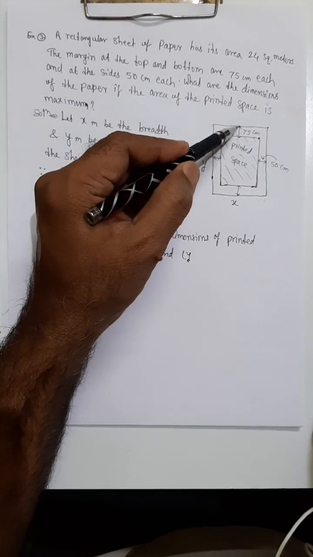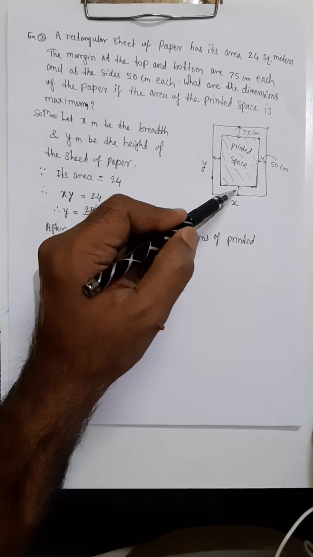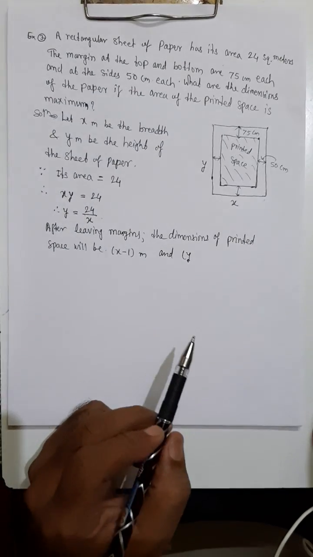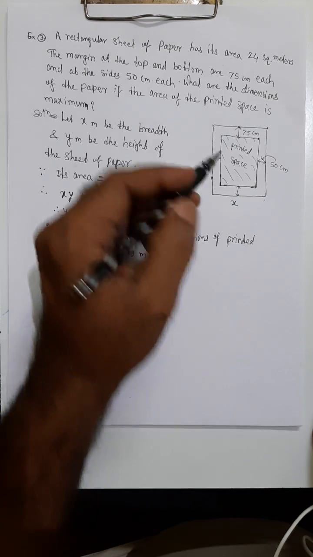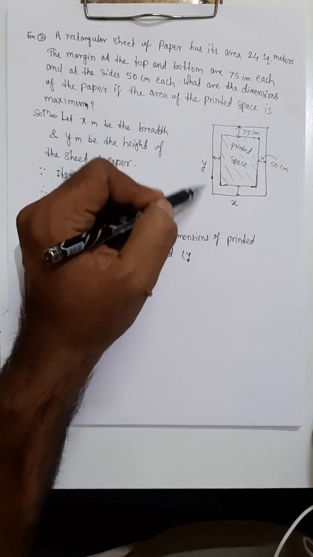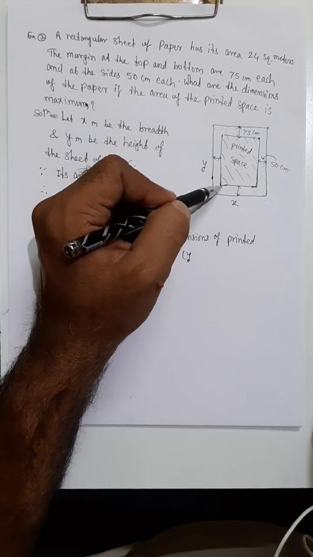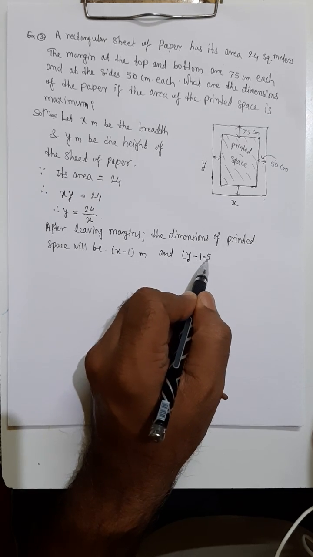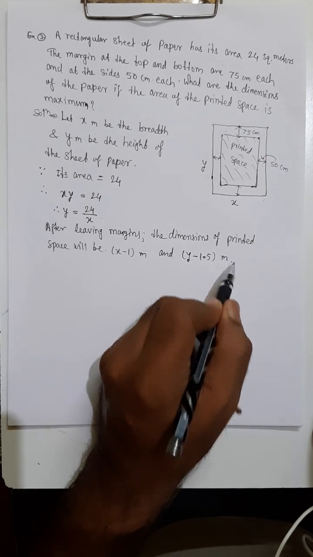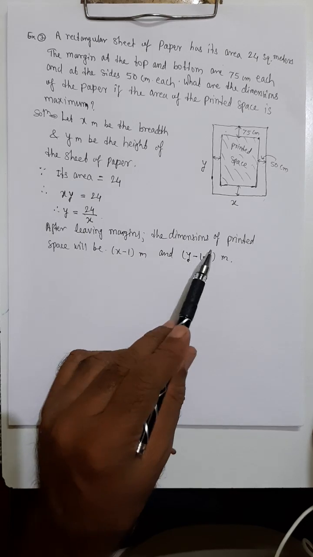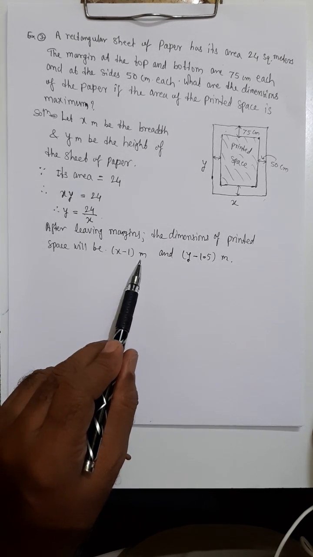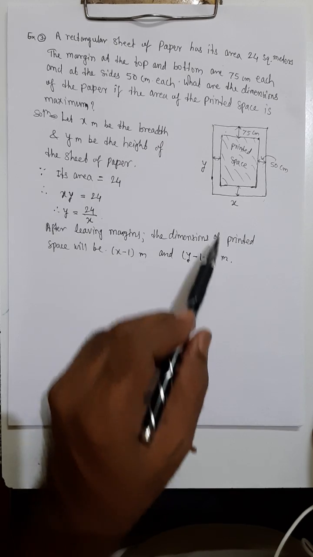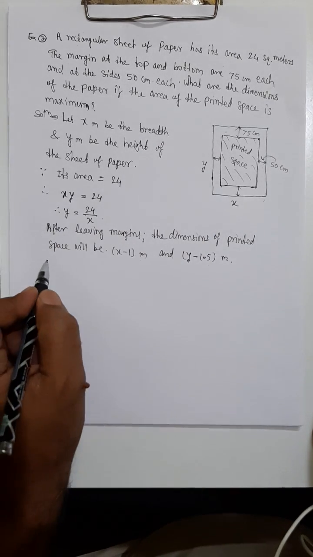We leave margin here 75 centimeter at the top and 75 centimeter at the bottom. So total 150 centimeter, that is 1.5 meter. So we subtract 1.5 meter from this y. So after leaving margins, the dimensions of printed space will be x minus 1 meter, that is the breadth, and y minus 1.5 meter, that is the height of printed space.